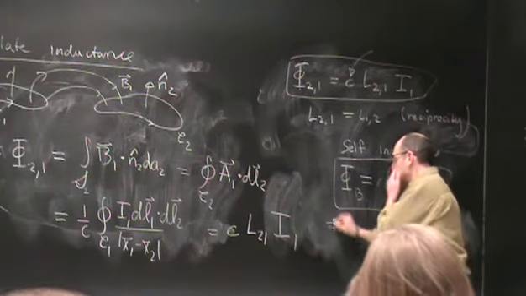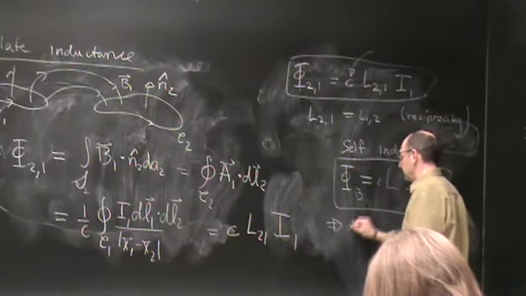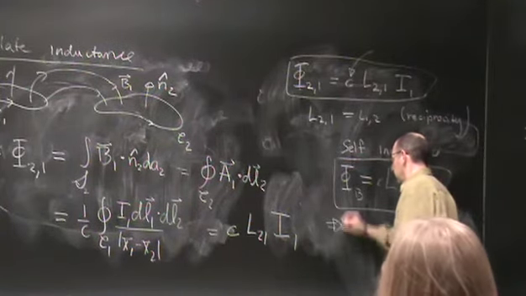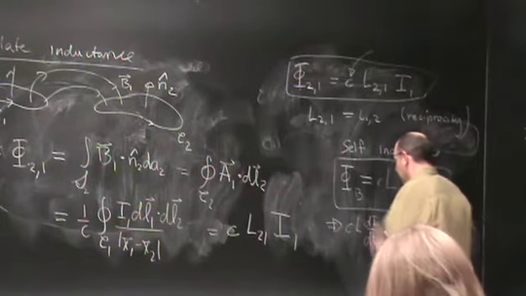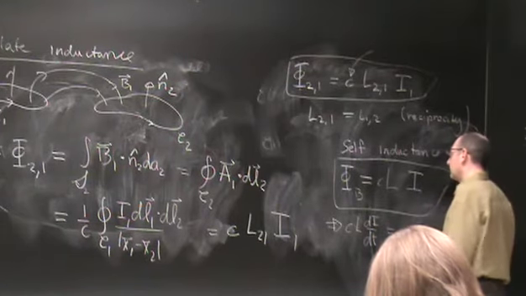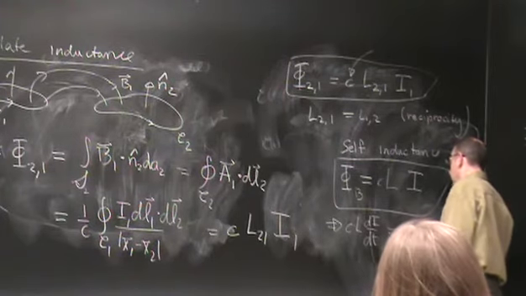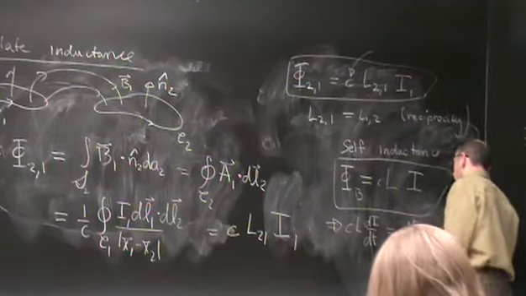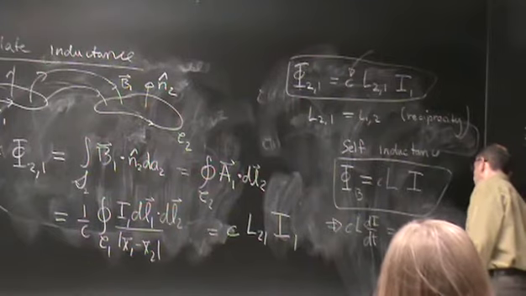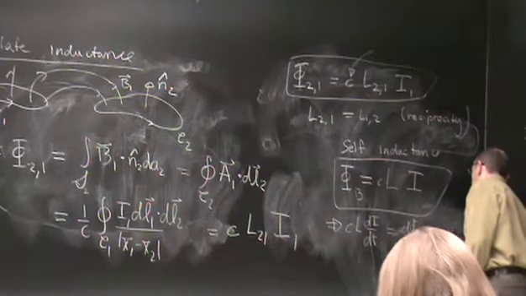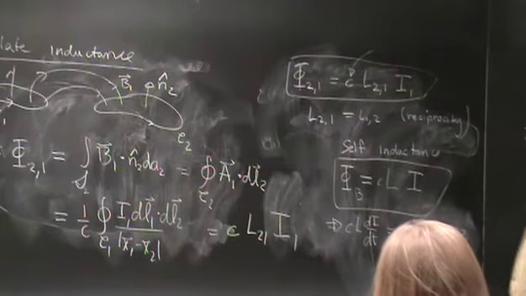So what that tells me is that if I have a changing current through that loop, that is equal to the rate of change of the flux according to this relationship, which is equal to minus C times the EMF, right?